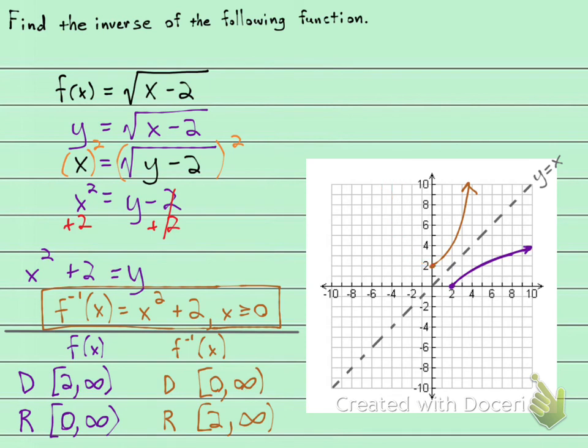So that will also help you when you graph it to understand this restriction that you have to put. So this is your answer. The inverse function is x squared plus 2, and you have to say that x is greater than or equal to 0. If you need domains and range, they're down here.